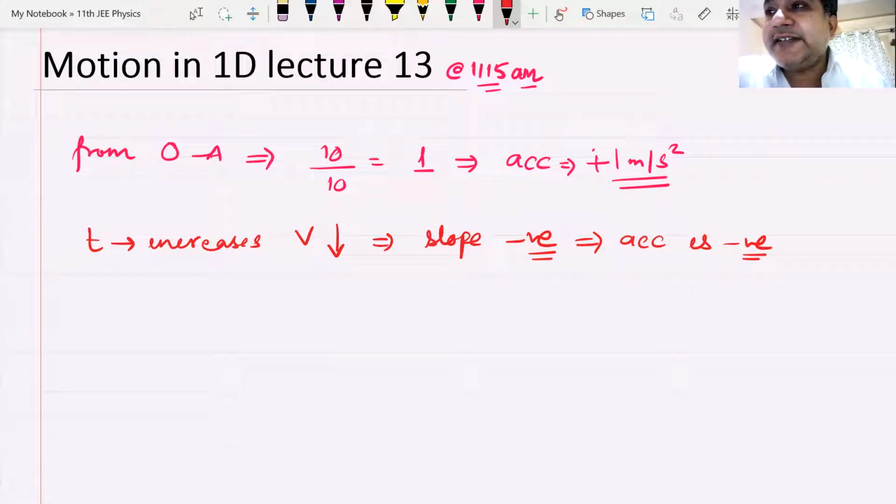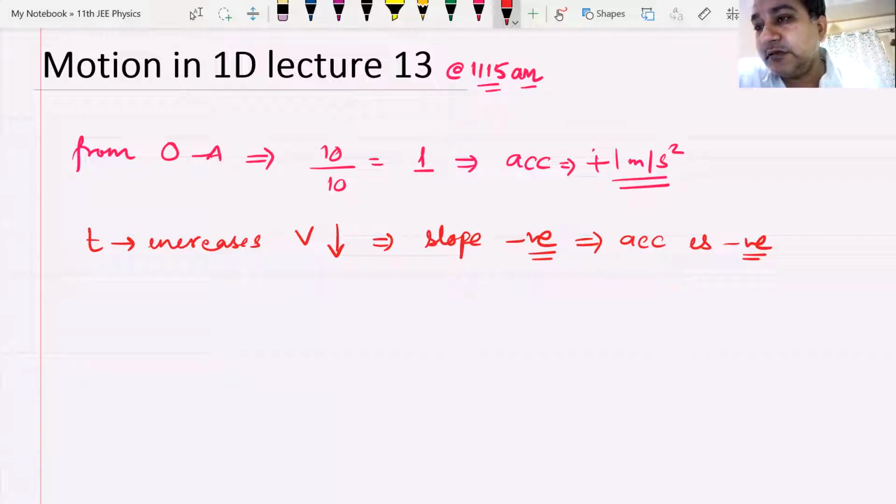I'm lowering all hands. Now only those people will raise hands who have any problem in graphs. So any problem in graphs, please raise hands. I have two raised hands, Kalindi and Spidey. What's the problem with you, beta?